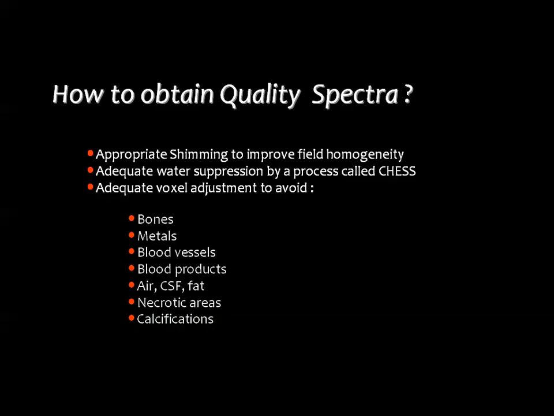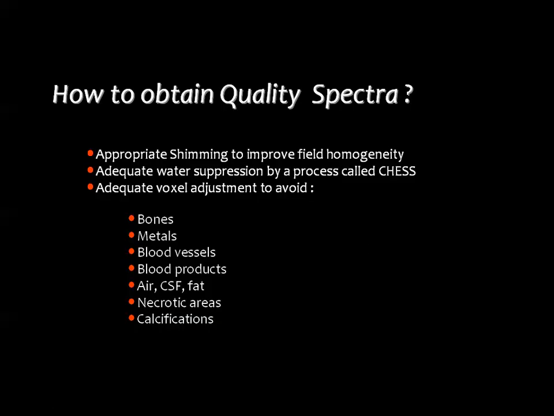Number two, you ensure adequate water suppression so that you can see the spectrum of the very small metabolites. Then number three is to adequately adjust the voxel at the site of interest to have a spectrum which is free from artifacts.